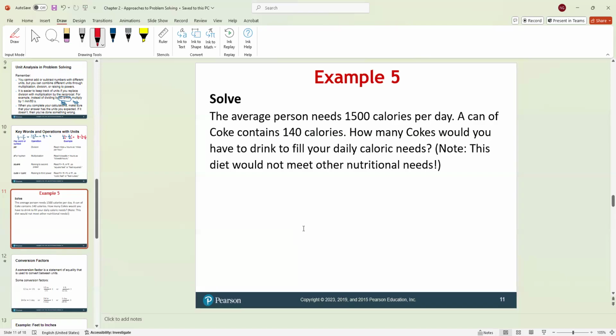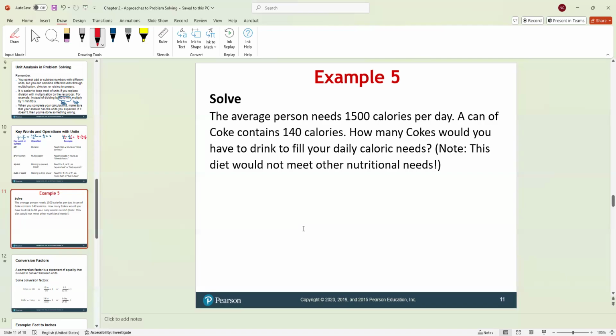We said the average, okay? The average person needs 1,500 calories per day. A can of Coke contains 140 calories.